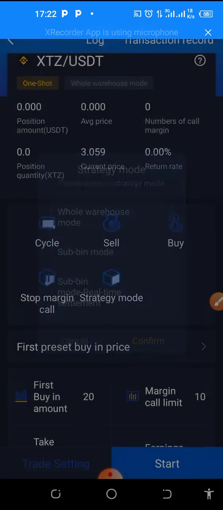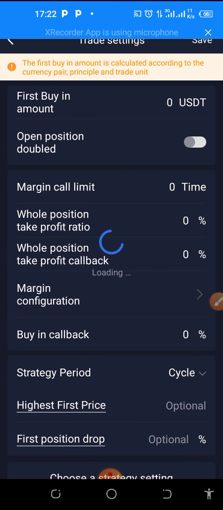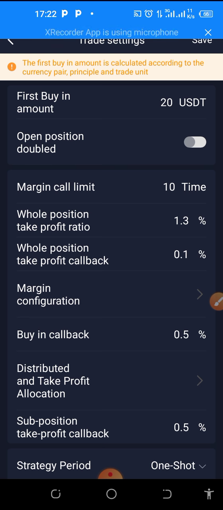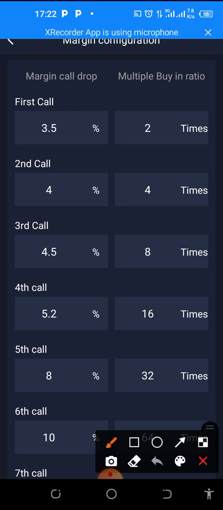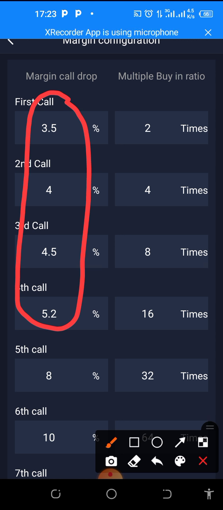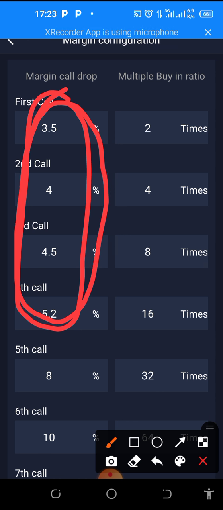Now let me show you that. Your first to fourth margin call, so our margin call limits. Okay, margin configuration. Your first to number 4 margin calls like this are treated as a whole warehouse. That is a whole transaction, meaning it takes account of these transactions at once.